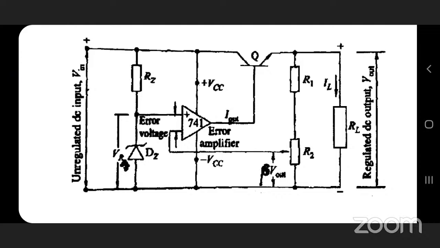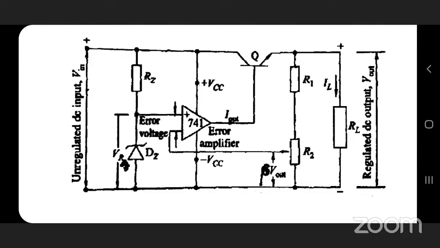Q is a transistor. 741 is an IC, plus VCC and minus VCC. RZ, R1, R2 are the resistors. RL is the load resistance. So by using a Zener diode, op amp, and transistor along with the resistors, the unregulated voltage is regulated.